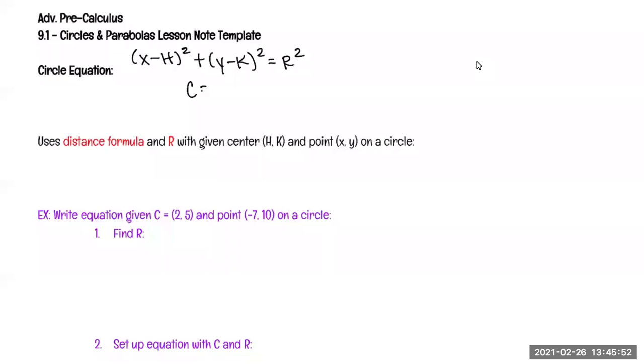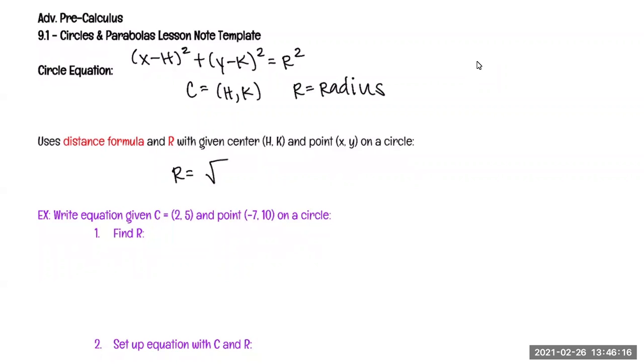Now your center of the circle is given to be your h and your k. And your r stands for your radius, so you would have to take the square root to find it. Now, this formula came about by using the distance formula and your radius with your given center and a given point on a circle.